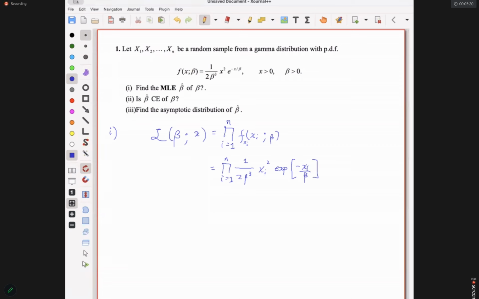And then where do we go from here? It's just xi and negative xi. But there's something else that we can simplify here that is even easier.